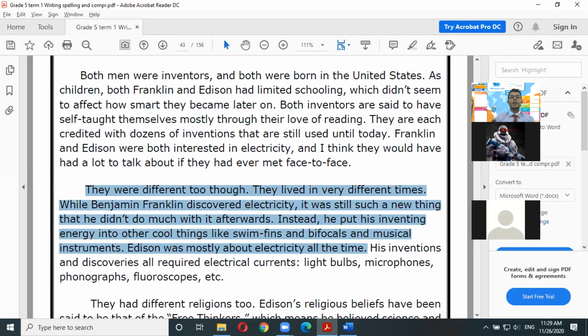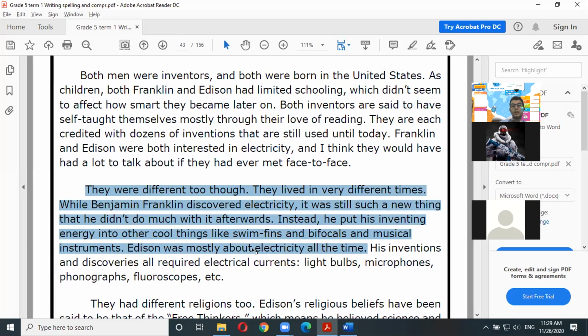So here there is a difference between Benjamin Franklin and Edison. There is a major difference here, after you've read about Edison and after you've read about Franklin. What is it? Here it says Edison was mostly about electricity all the time.